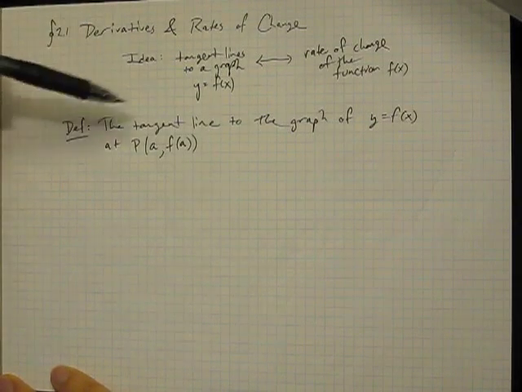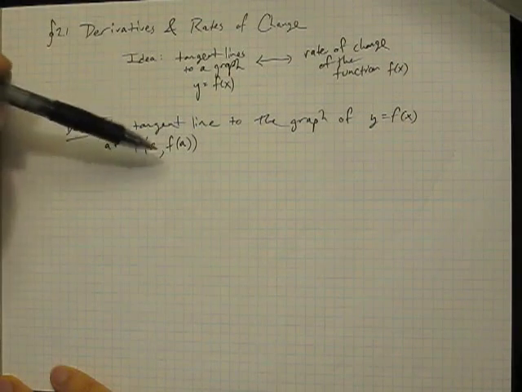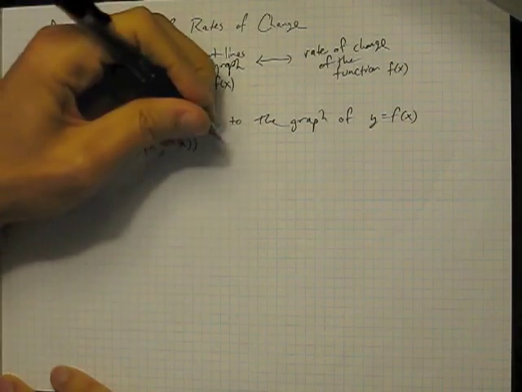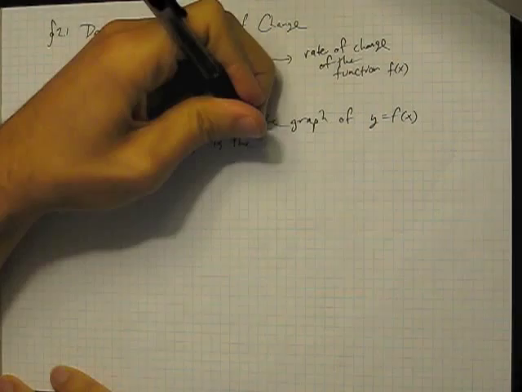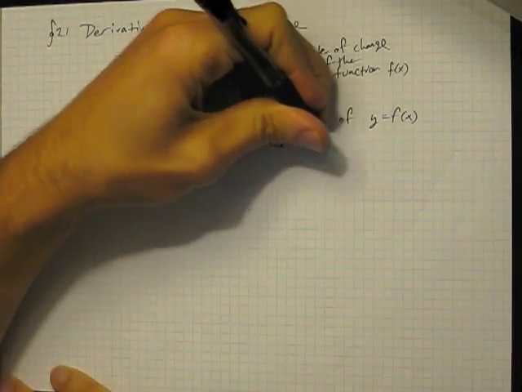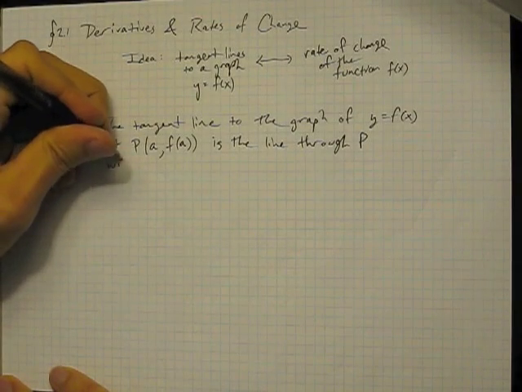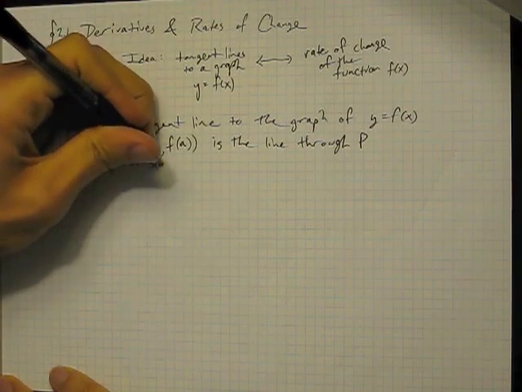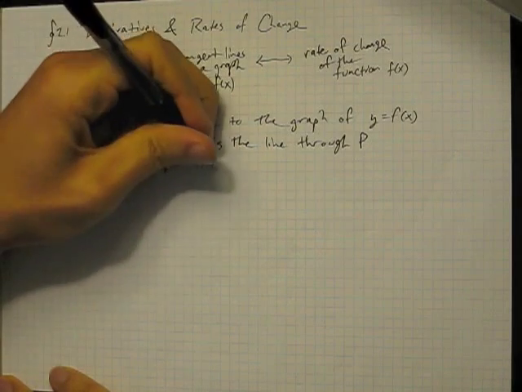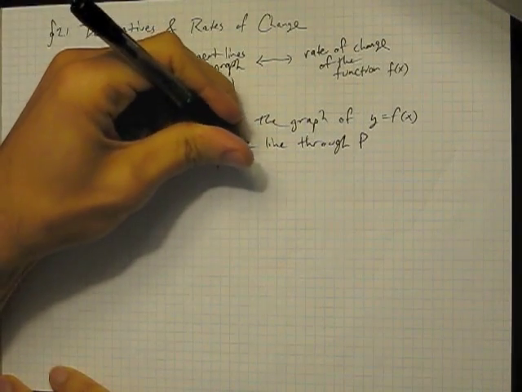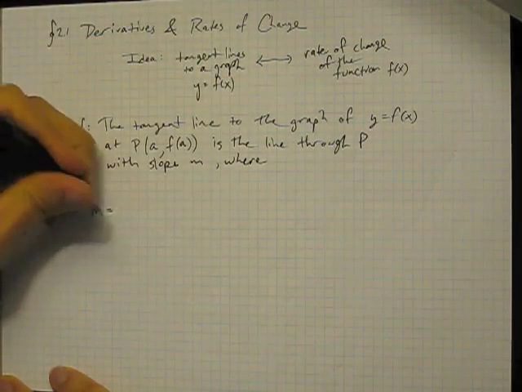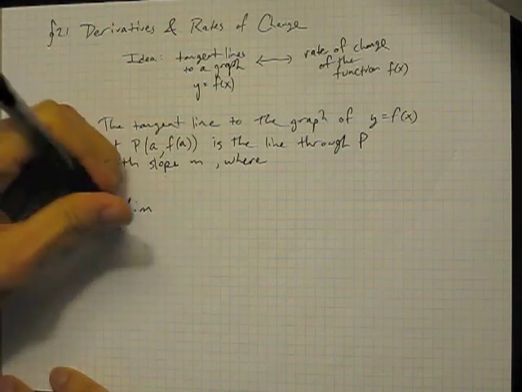So the tangent line to the graph y equals f of x at this point P is the line through P, so the line passing through P with slope m, where m is expressed in either of the following ways.